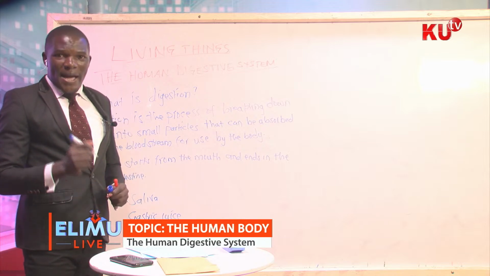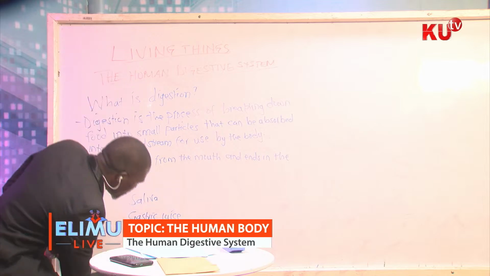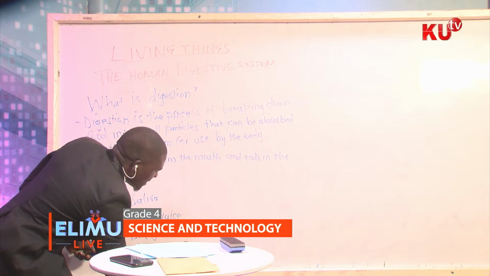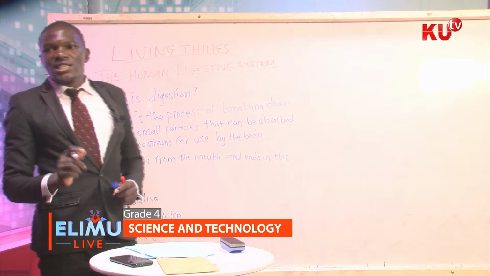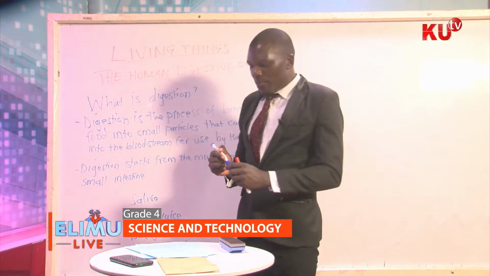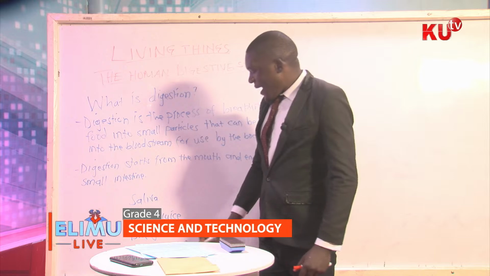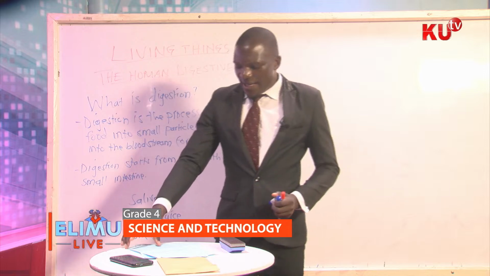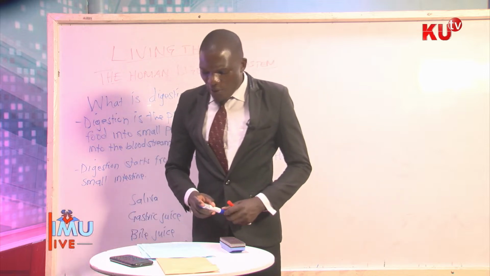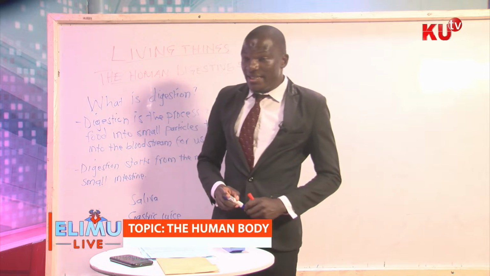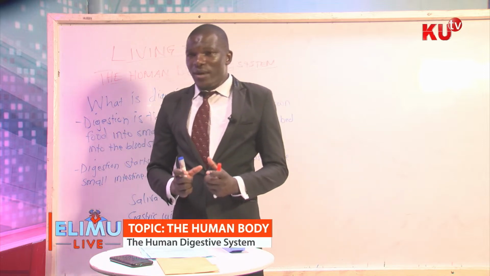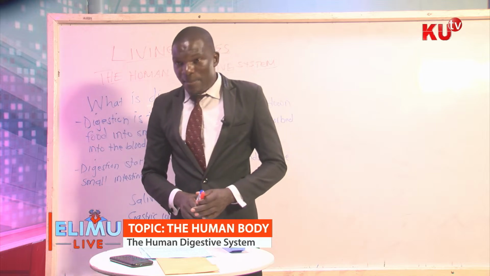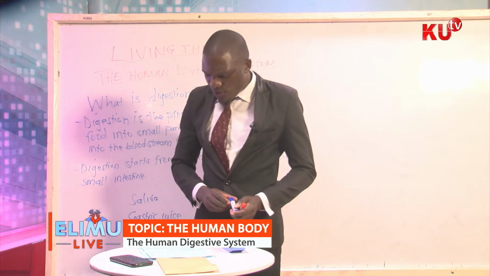We also have pancreatic juice, which helps in digestion. Now, my learners, I hope you are aware that before the food is digested, we have some juices that have to go in line with the system so that the food may be broken down well for the use of the body.